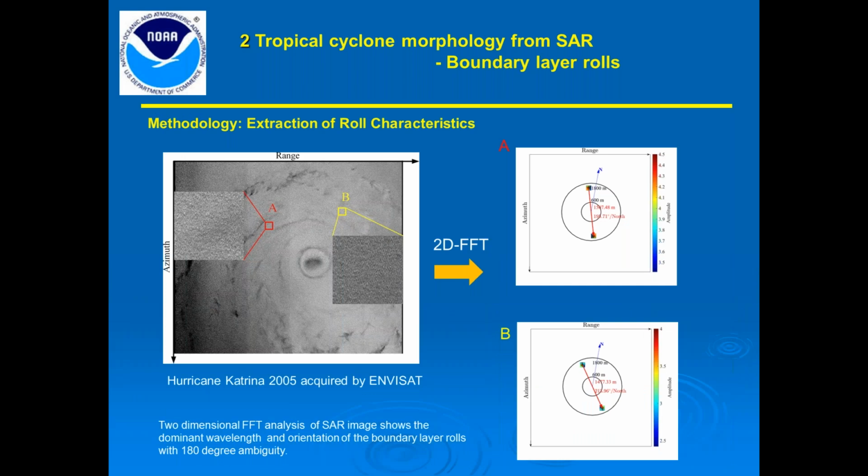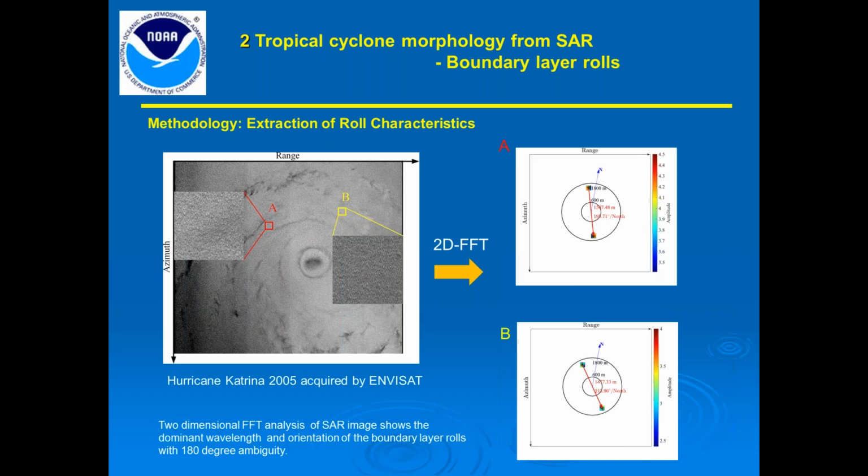Here you see the SAR imagery, and there are two boxes. If you blow this up, you can see the detailed structure within small boxes A and B. If you do a two-dimensional Fourier transform, you can see the directions and wavelengths of those linear features. There are a suite of publications by people like Rob Foster from University of Washington, or people in Miami, and also us, showing that those boundary layer directions and wavelengths correspond to the SAR image wavelengths.